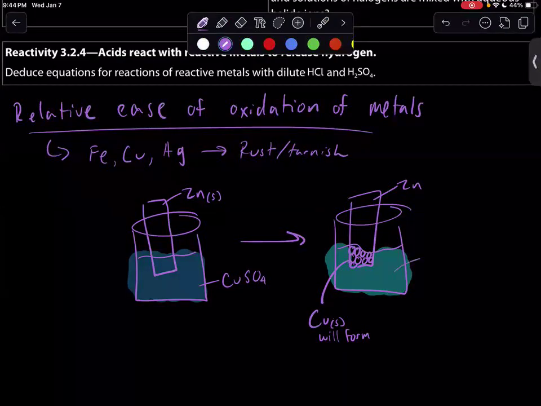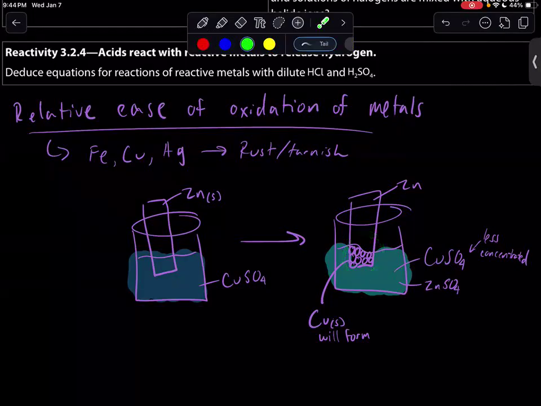So it will still be copper sulfate, but now we're also going to have some zinc sulfate. And this copper sulfate is less concentrated because it's being pulled out and it's precipitating onto the zinc.